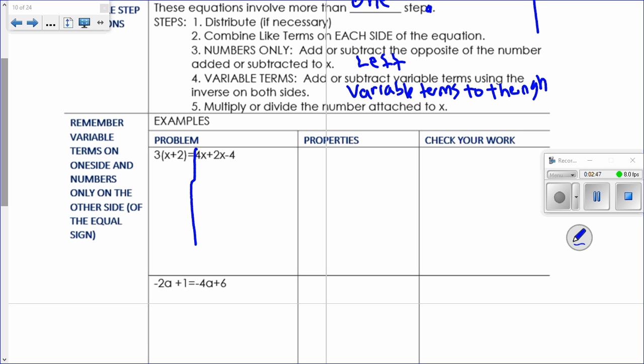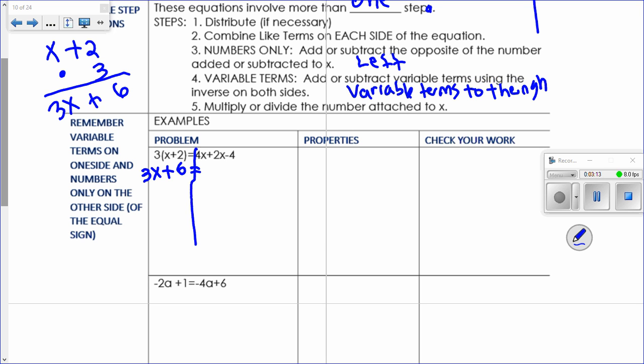Use the space to the left to distribute. I have x plus 2 times 3. And I have 6 comes down, plus sign comes down, and then 3x for 3 times x. So on this side, this simplifies to 3x plus 6. Okay? My equal sign comes down.